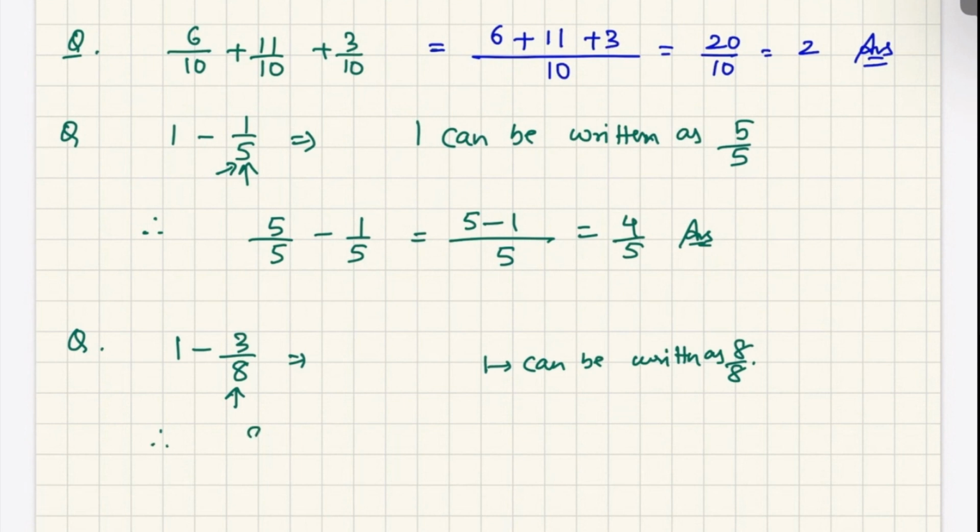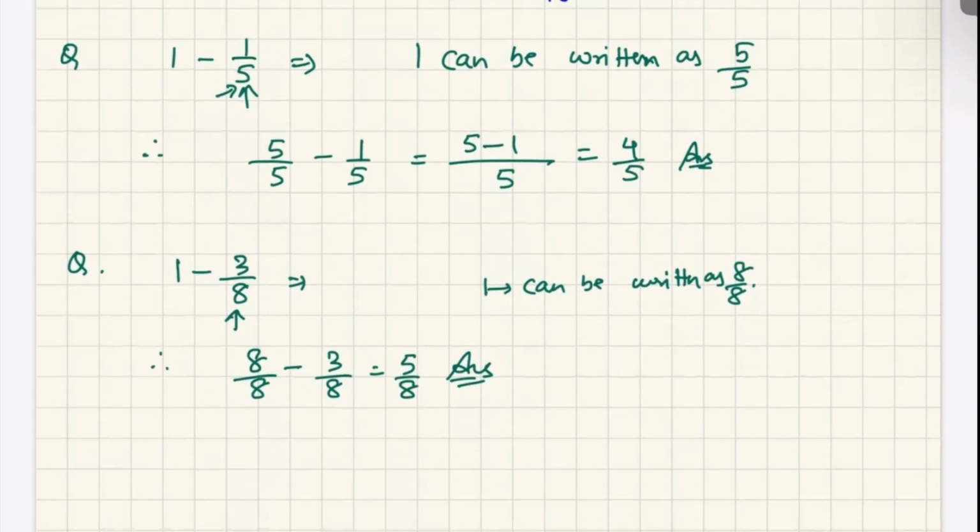Therefore, the new question becomes 8 by 8 minus 3 by 8. That gives 5 by 8, which is in the lowest form, and 5 by 8 is my answer. Okay, is that clear?